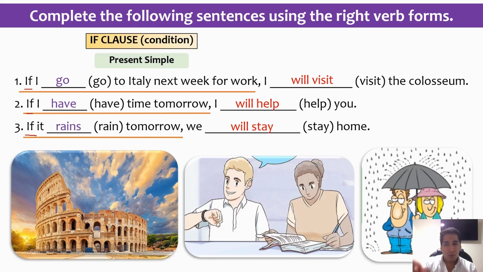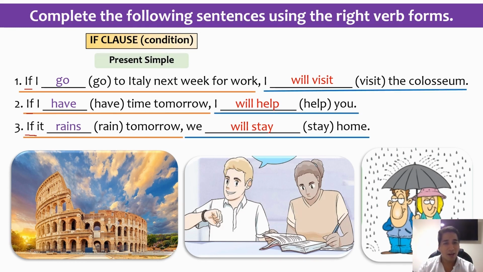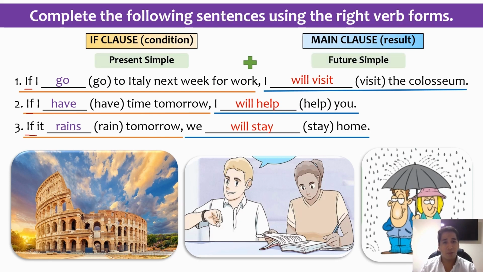Okay, so if we have here the if clauses, then the other clauses are what? Great, the main clauses. In other words, these clauses in which we can find the results. And if we talk about those results, you know that we have to use the future simple.